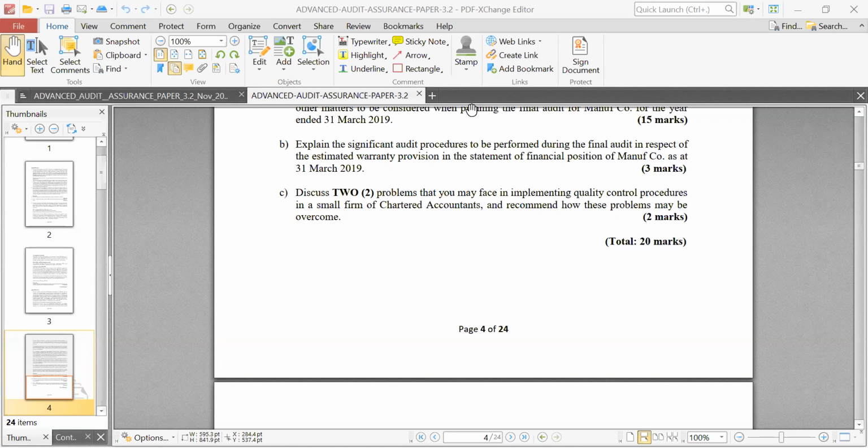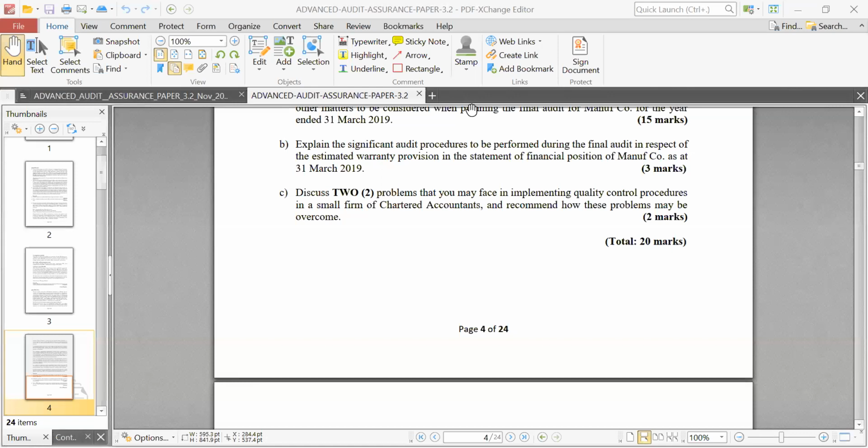I think one, we could inquire from management how they calculated or made the estimate for their warranties. So what basis do they use to make that estimate for the provision for warranty?